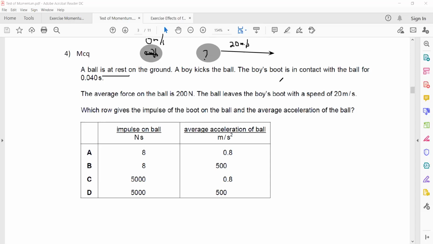So what we can do, we can find the mass. How can we find the mass? First we can calculate acceleration. Acceleration is the change in the velocity divided by time.